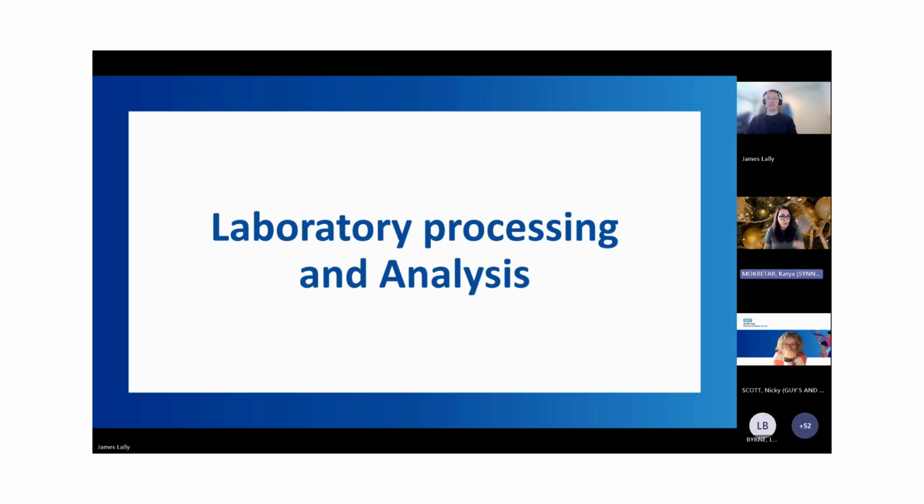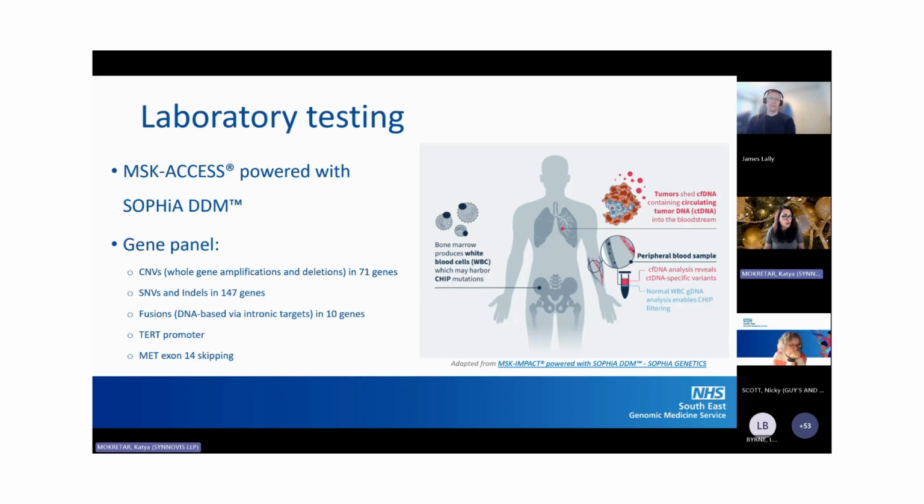I will tell you about the laboratory processing and analysis. But before we look at the workflow, I'd like to briefly introduce the actual test we perform in the lab, and that's the MSK Access powered by SOPHIA DDM.